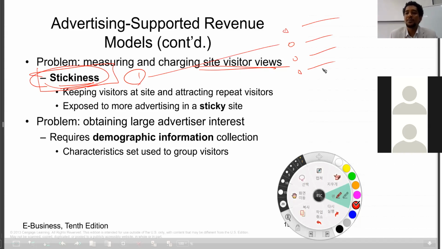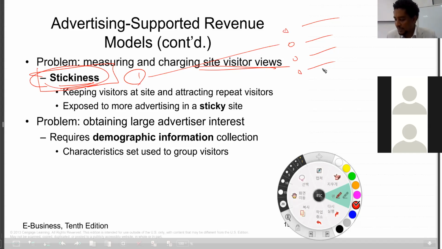So once the customer's information is there, the customer doesn't want to go to another website and register his personal information again, because this website now knows more about him. So he would like to stay with this website. So that is creating stickiness, or making your customer stick with you, okay?